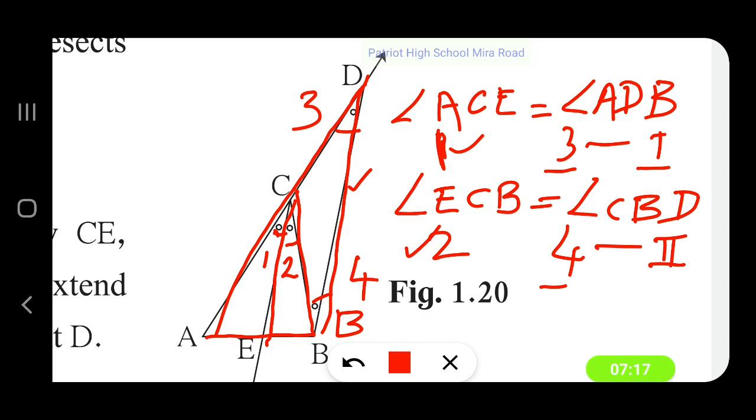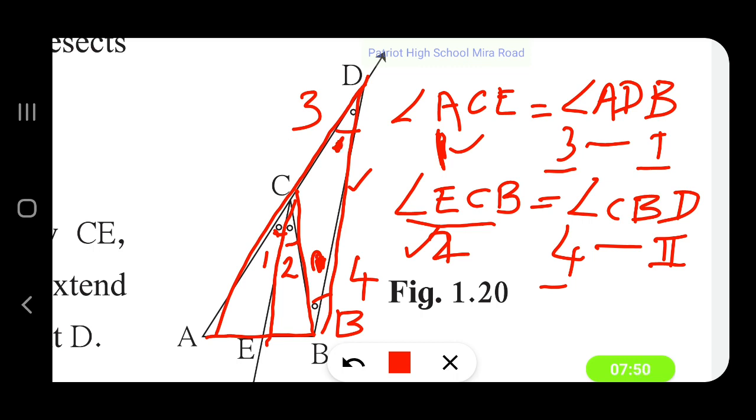If we substitute, we know that angle 2 and angle 1 are both equal. So, instead of angle 2, if we write angle 1, angle 1 is equal to angle 4, angle 1 is equal to angle 3, therefore angle 3 is equal to angle 4. Therefore, this angle and this angle are equal.